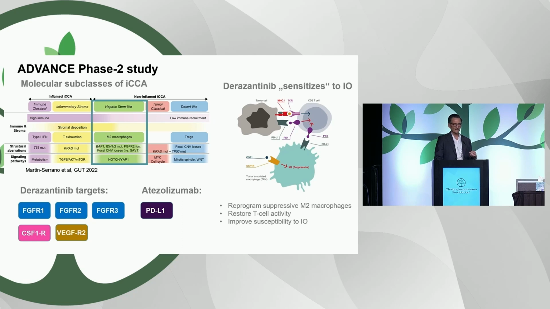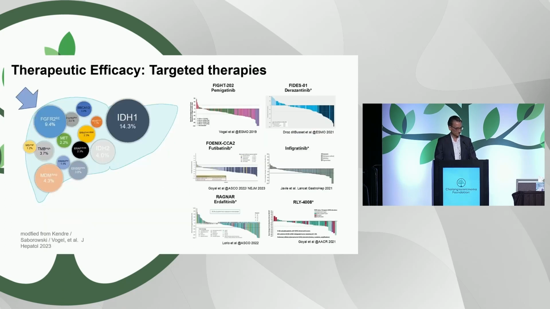The idea was basically, let's inhibit the driver, modify the macrophages, and then add a checkpoint inhibitor to activate the immune system. With this kind of triple approach, we combined derazantinib and atezolizumab, and the study is still ongoing. I think 4 patients are still missing, and then we will get from the single-arm signal-seeking study some data on whether this would be a reasonable approach or not.